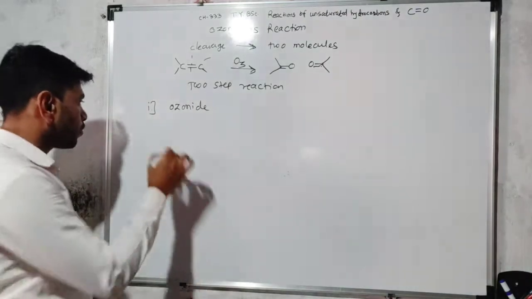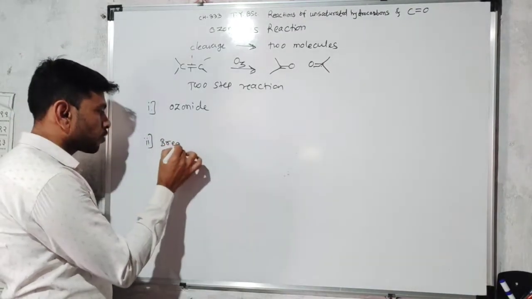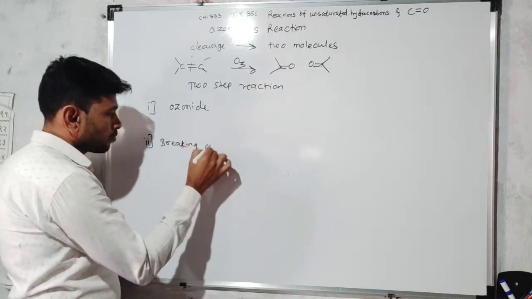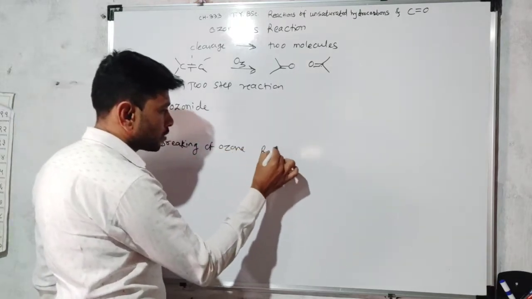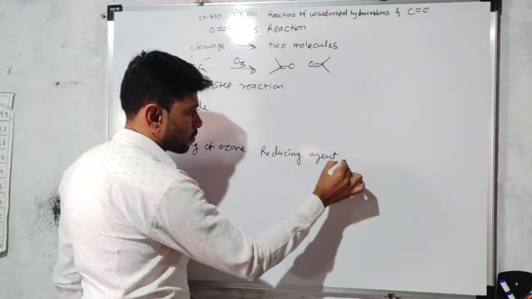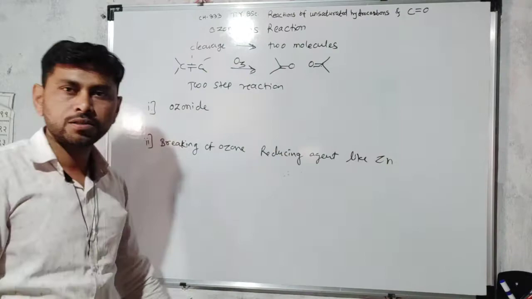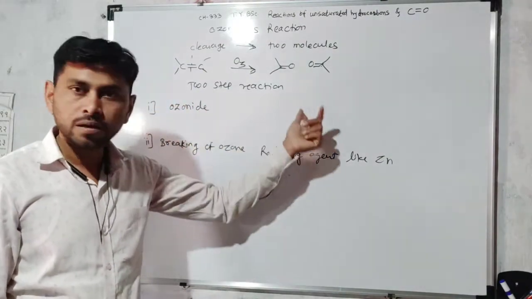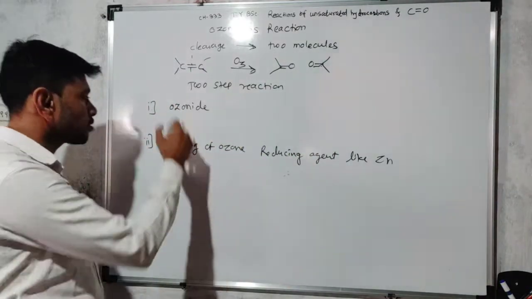The second step is the breaking, or hydrolysis, of this ozonide by using some reducing agent like zinc. The reducing agent like zinc is used to break this ozonide, and we get the cleavage product.